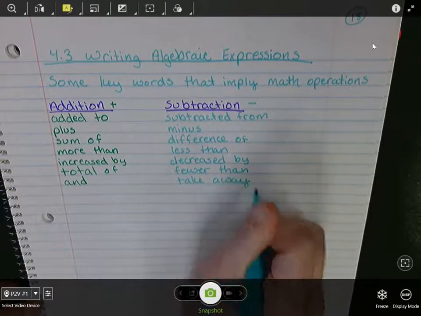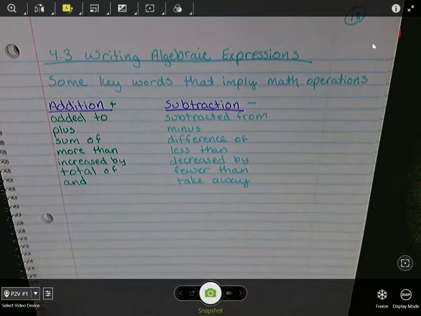So these are all phrases that represent subtraction.